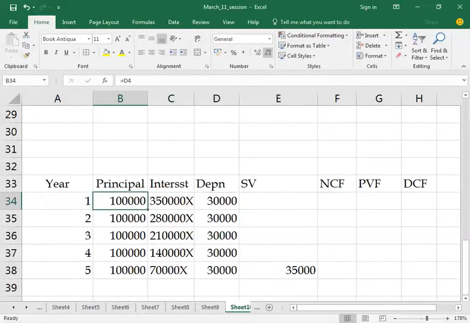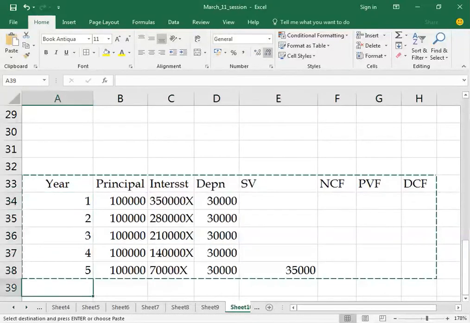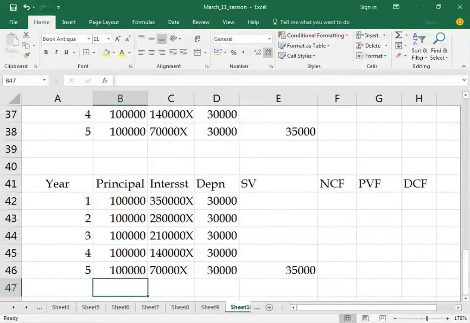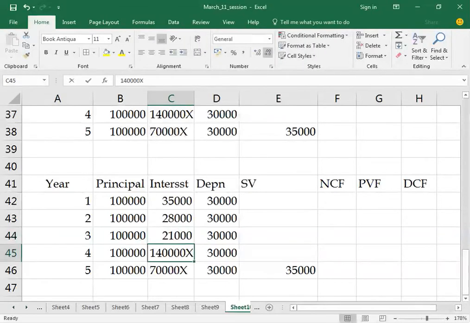So for example, though you are going to calculate this, assume if I had my earlier problem of 10% interest rate. What was the interest rate originally? 10%. Then these figures would have been 3,50,000 into 10%. So 35,000, 28,000, 21,000, 14,000, 7,000.